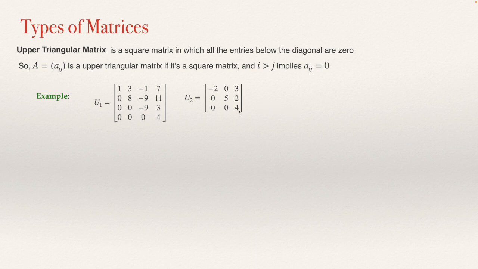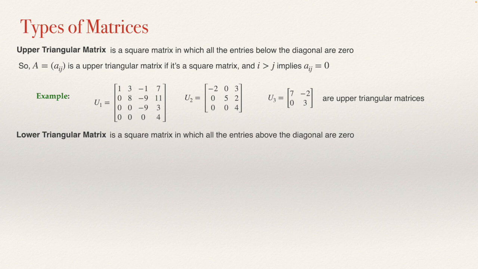This is an example of a 3 by 3 upper triangular matrix. Or this matrix, for example, is a 2 by 2 upper triangular matrix. All of them are upper triangular matrices. And of course, if there are upper triangular matrices, there will also be lower triangular matrices. So for a lower triangular matrix, the definition is the opposite of this.